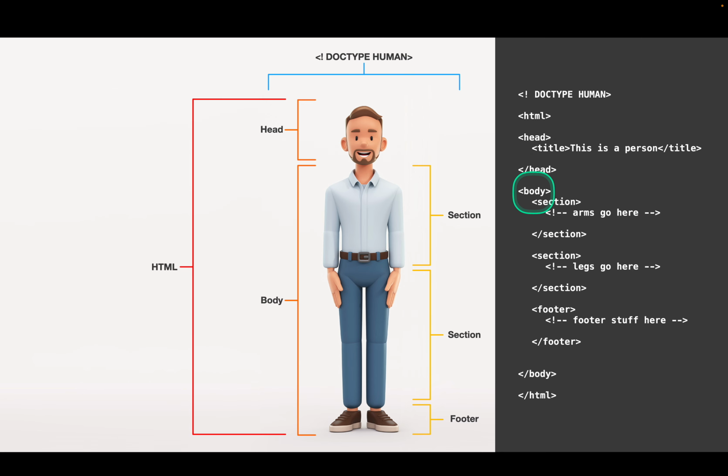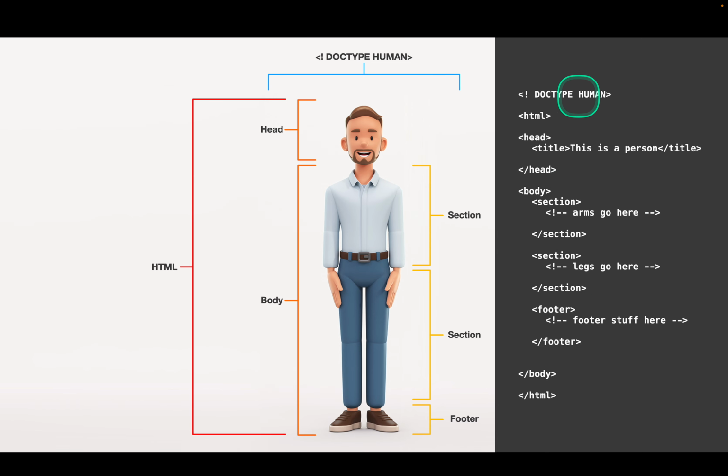Then we have the body tag, a closing body tag. So this stuff here is the stuff that in a real web page is displayed on screen. We have the different sections, and I've just put in some comments here. This might be a useful reminder for me later. Do the code that does the arms or whatever the relevant content is.